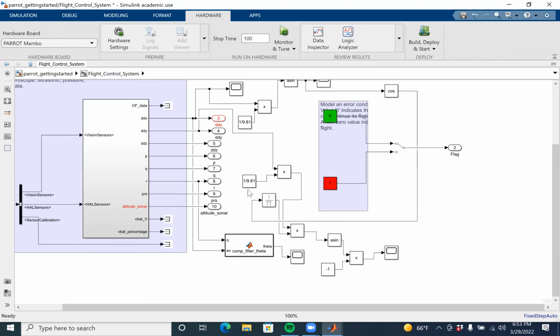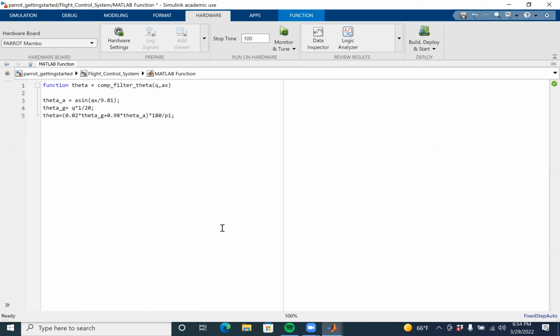Q is the pitch gyro. If you double click on this MATLAB function, you will see that this complementary filter is implemented as theta, which is the value of the pitch, computed based on the value of AX and the pitch gyro output Q.